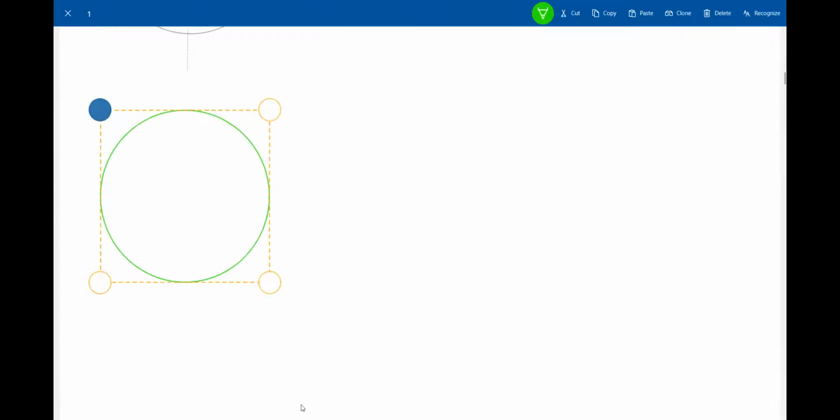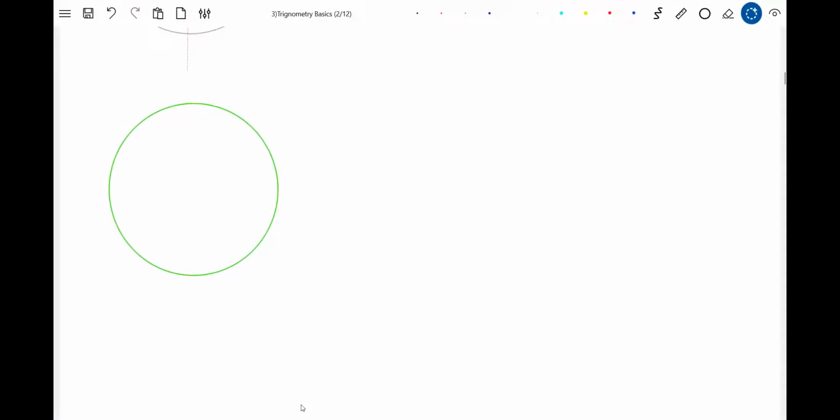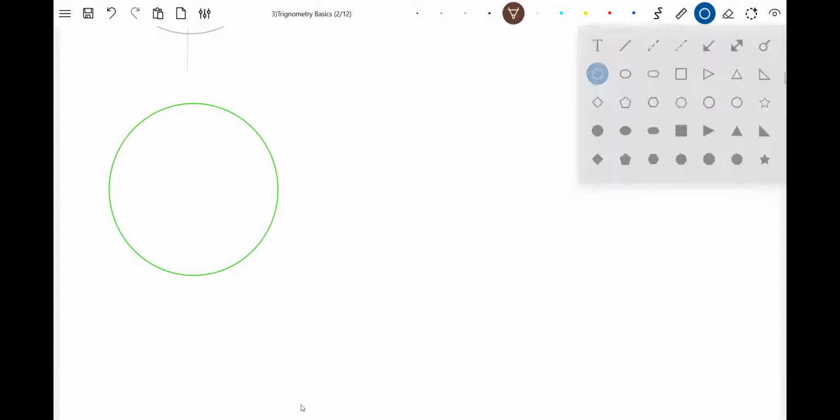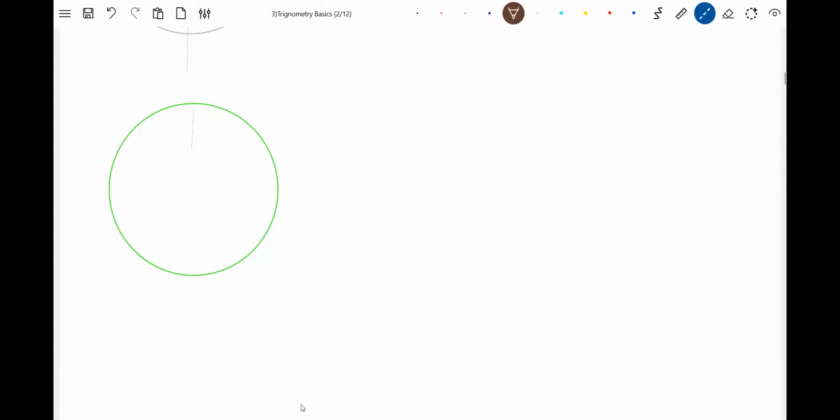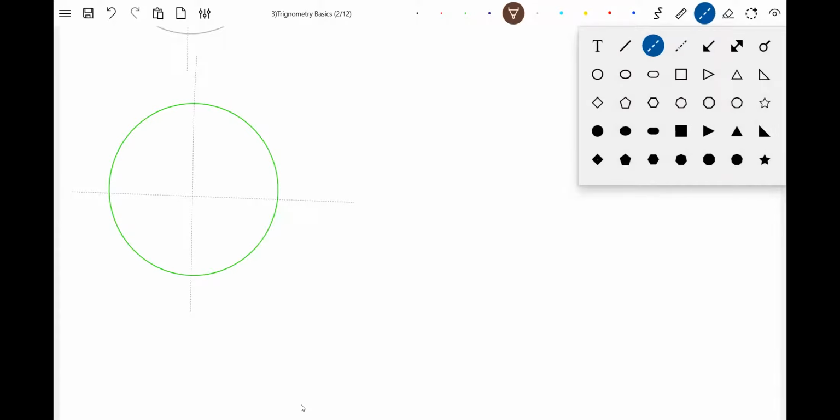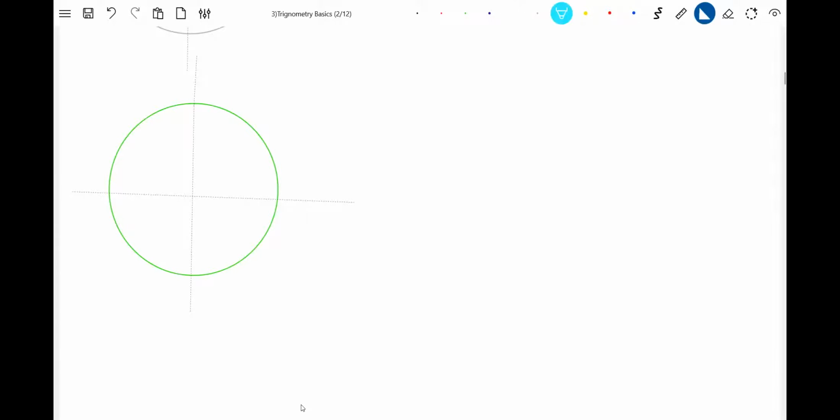Let me put it in a proper position. I'll try my level best to express things based on the diagram, so that rather than mere dumping of formulas, let's get into the triangle. So you just make observation of this triangle very beautifully.